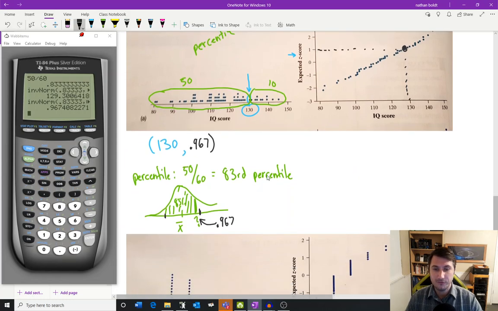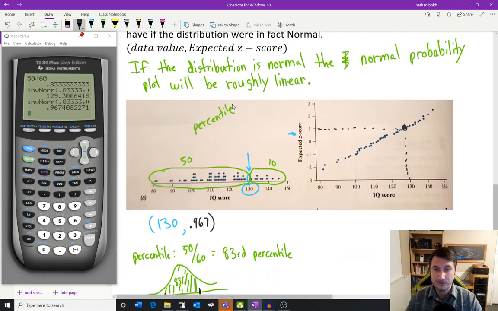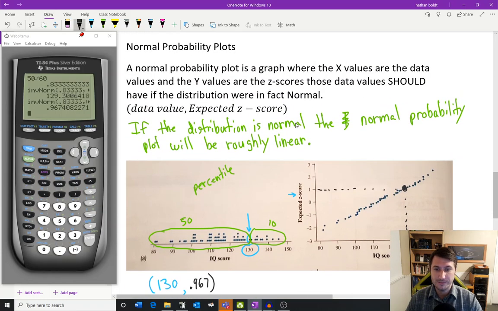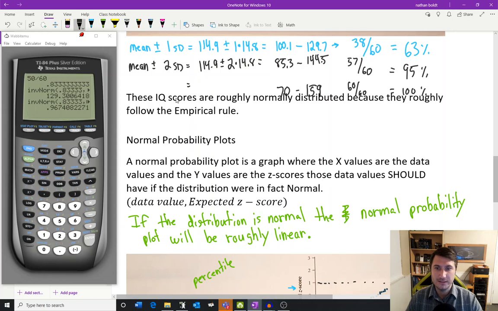So I could say for this one, these IQ scores are roughly normally distributed because the normal probability plot is linear. Same type of sentence, but my because statement is slightly different.